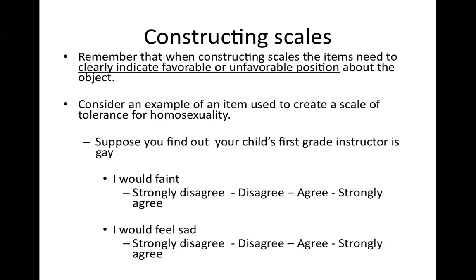And you make the statement, suppose you find out that your child's first grade instructor is gay. And the two responses are, I would faint, strongly disagree, disagree, agree, strongly agree, or I would feel sad, strongly disagree, disagree, agree, strongly agree. The problem with that is I don't know what I would faint or I would feel sad truly means.